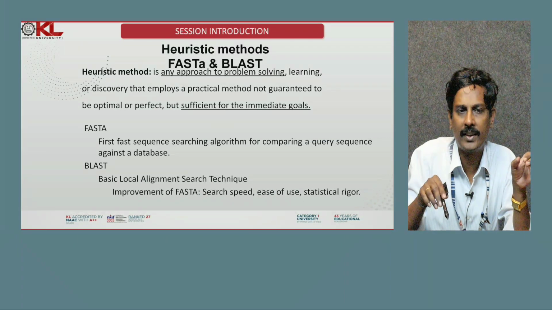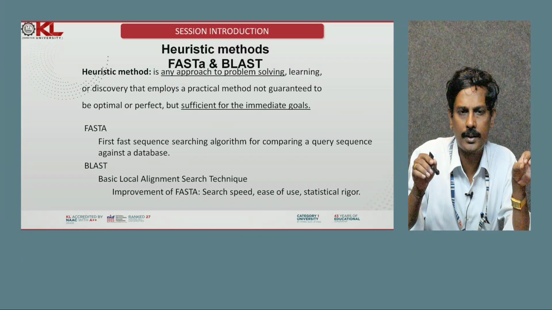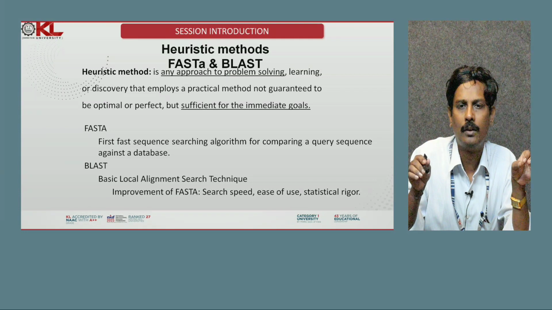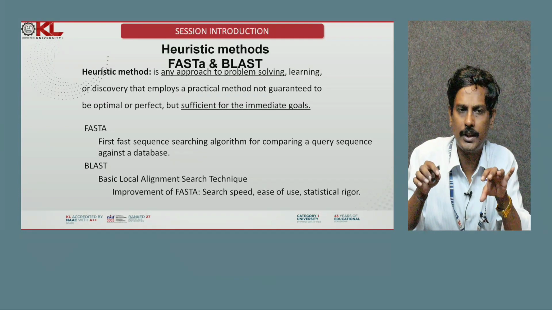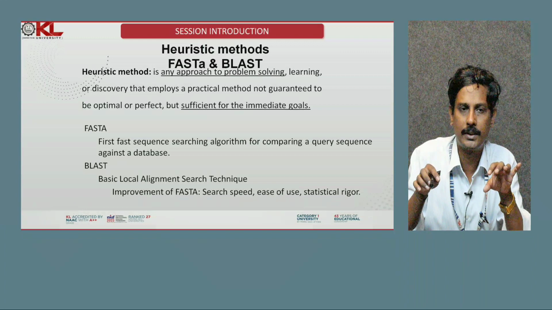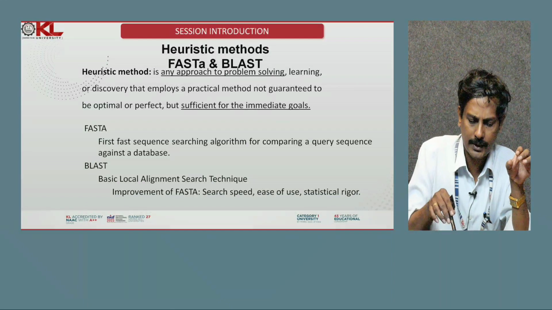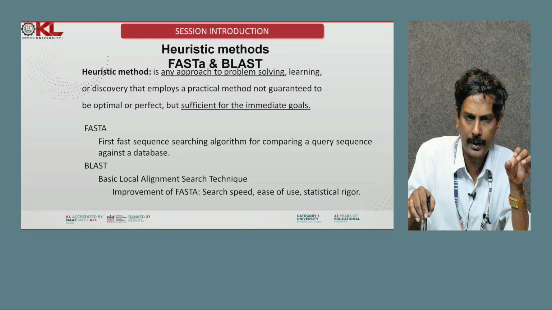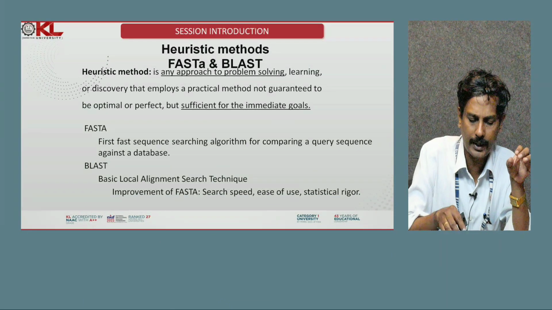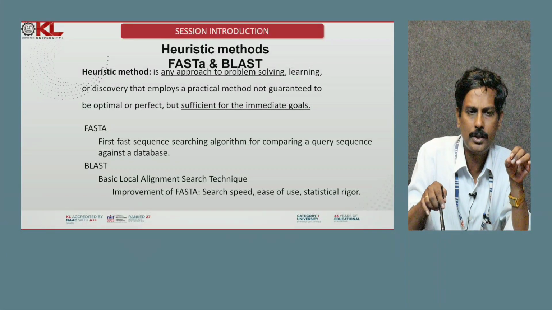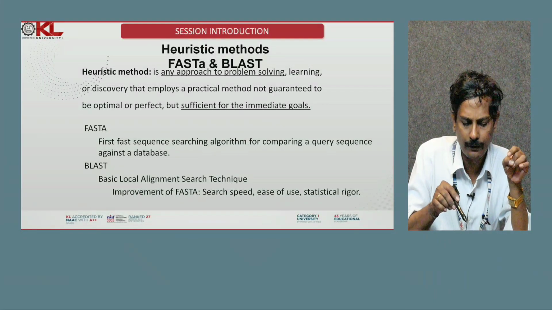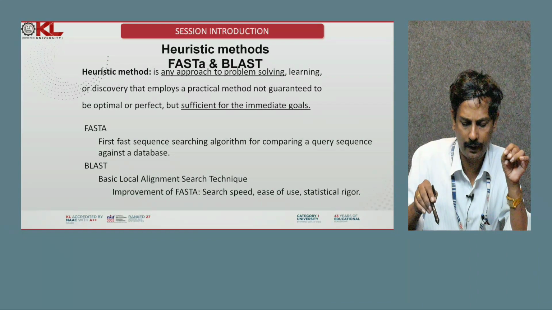So what do you mean by FASTA? A fast sequence searching algorithm for comparing a query sequence against a database. Against a database means your original sequences. Coming to the other method, BLAST, the basic local alignment search technique.